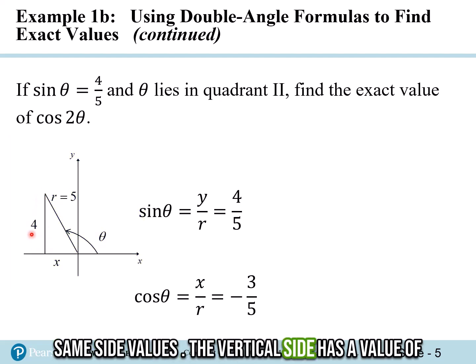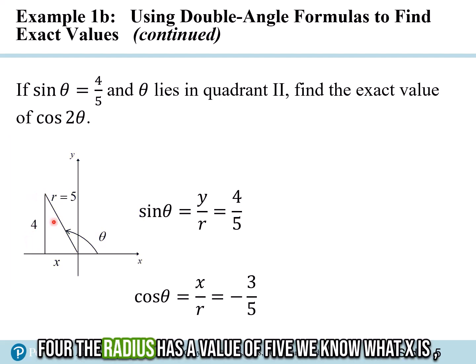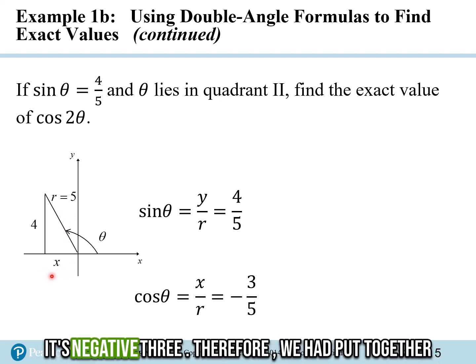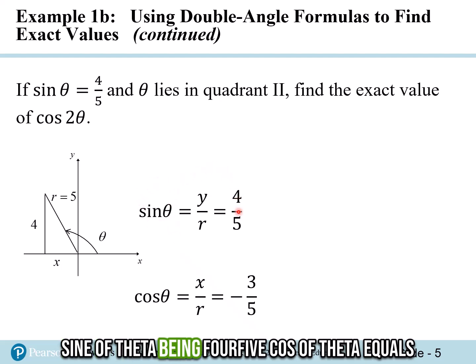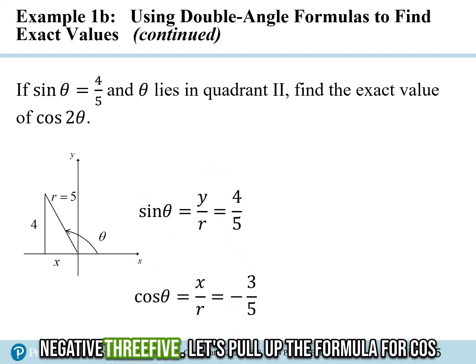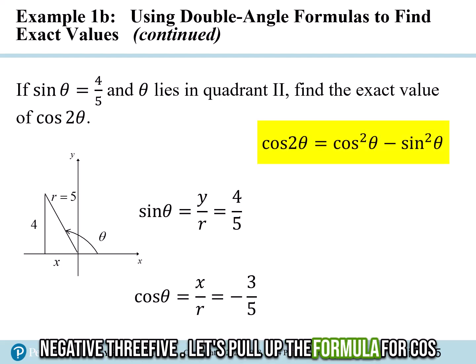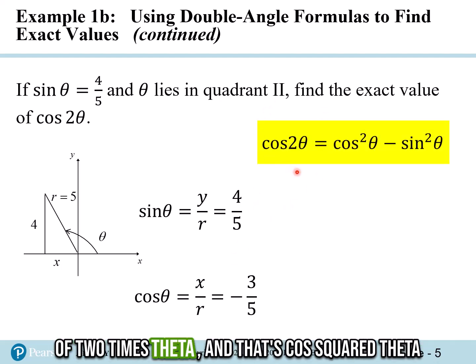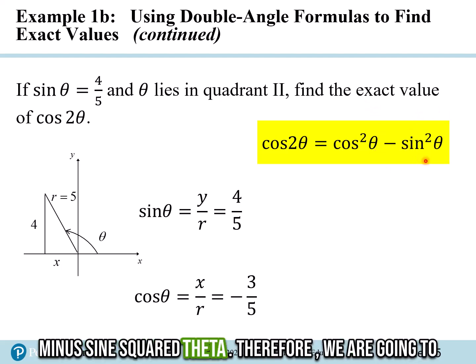The vertical side has a value of 4, the radius has a value of 5. We know what x is, it's negative 3. Therefore, we had put together sine of theta being 4/5, cos of theta equals negative 3/5. Let's pull up the formula for cos of 2 times theta, and that's cos squared theta minus sine squared theta.